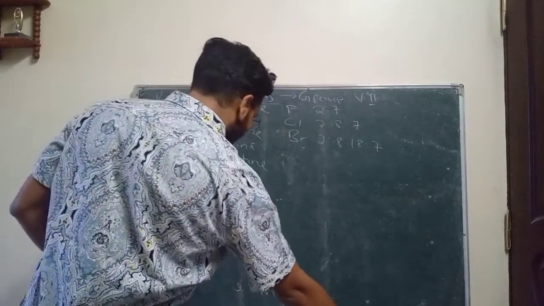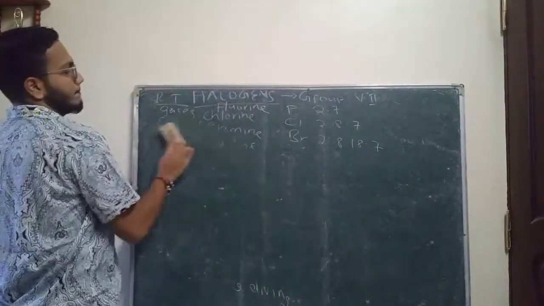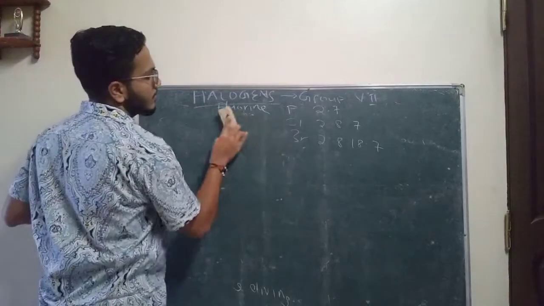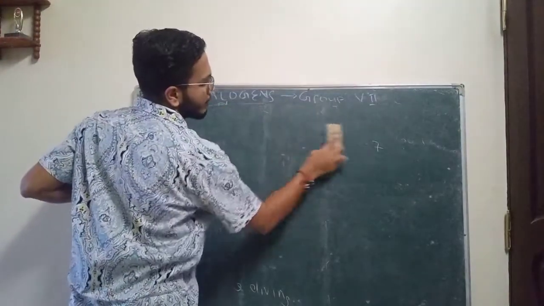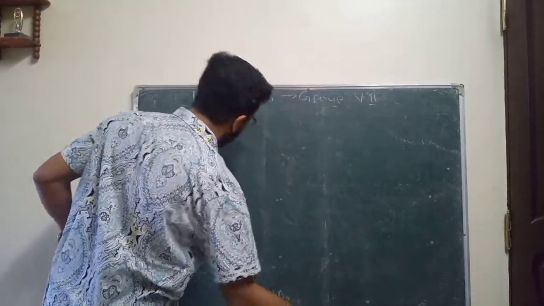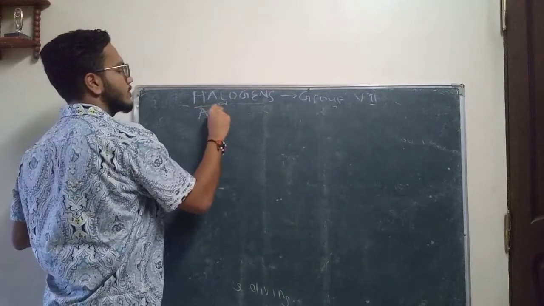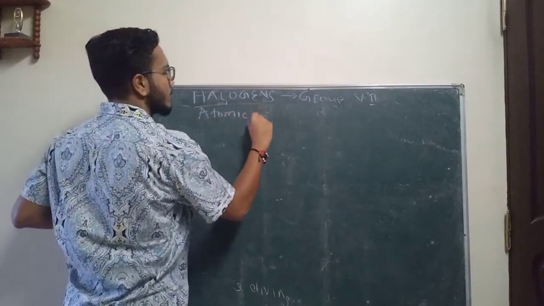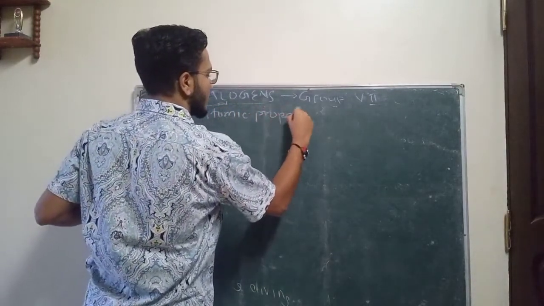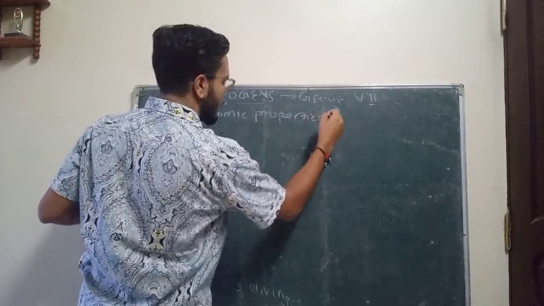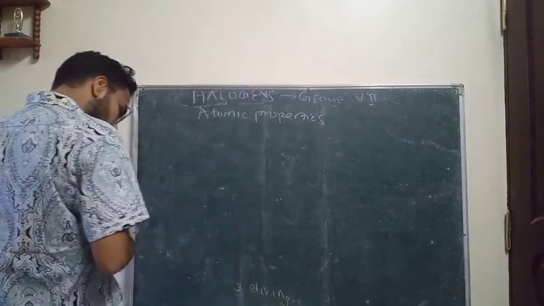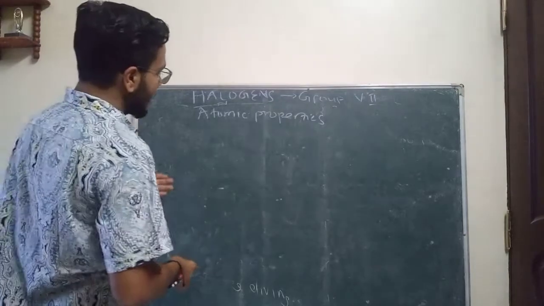Atomic properties of halogens. Atomic and ionic radii.